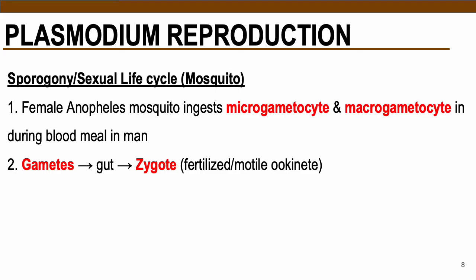The male and female gametocytes or gametes in general will unite in the mosquito's stomach and form a fertilized egg called the zygote. This is also known as the fertilized or motile ookinete.